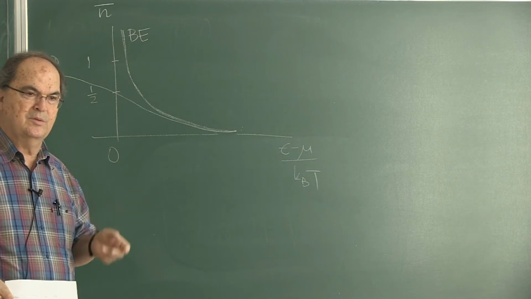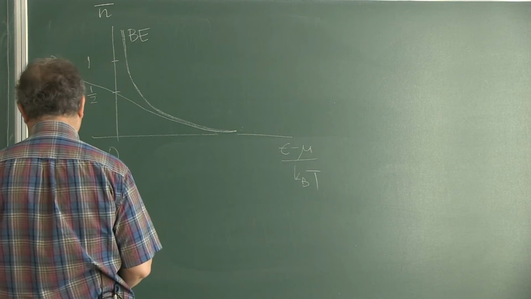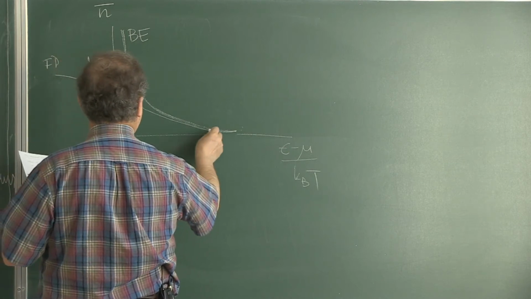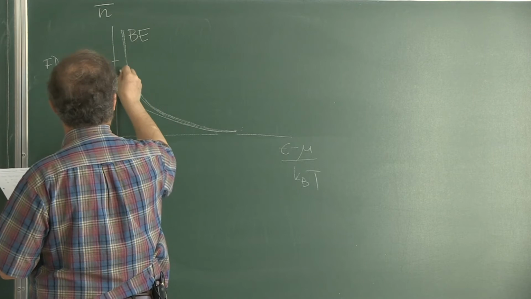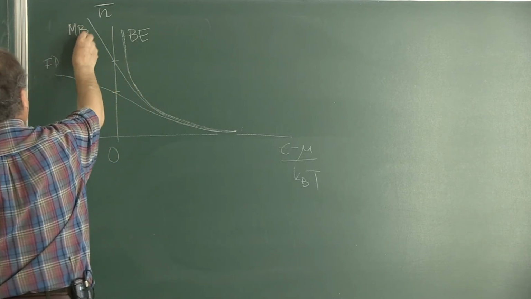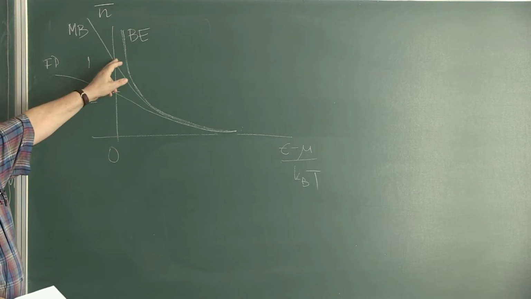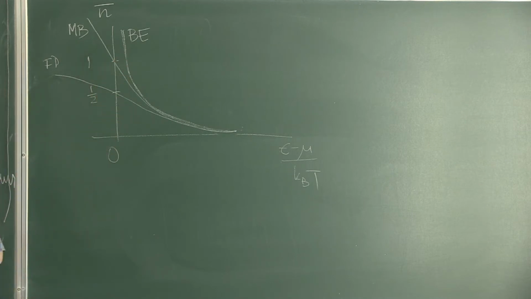That's Bose-Einstein condensation. For the classical Maxwell-Boltzmann case, you have something like this, simply because you have an exponential. If the exponent is 0, you have 1. So that's the Maxwell-Boltzmann case.